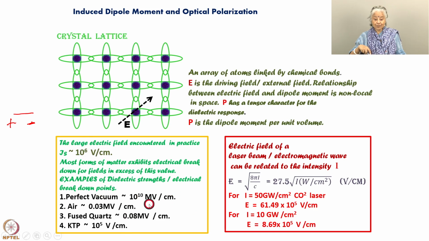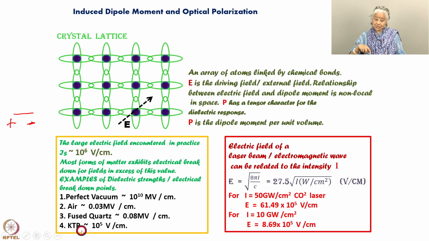So, perfect vacuum is a very good insulator. Air obviously has its breakdown point at a much lesser electric field, at 0.03 megavolt per centimeter. Fused quartz is 0.08 megavolt per centimeter.